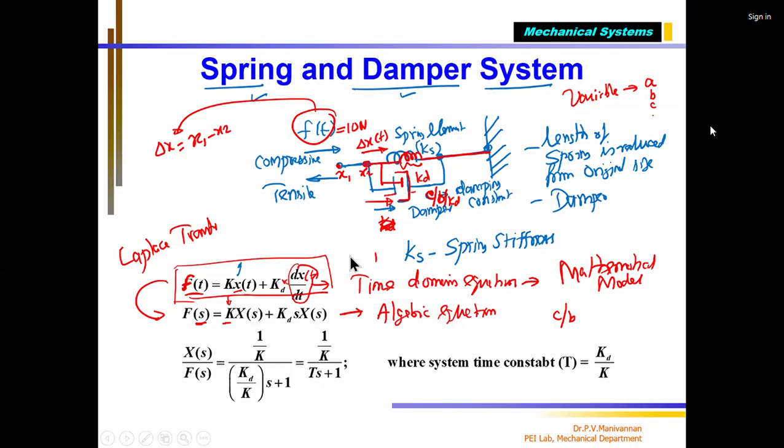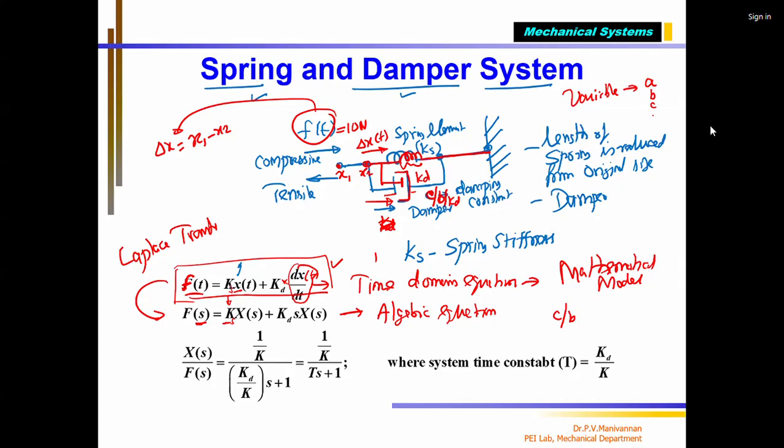Now when I do the Laplace transform, what happens? The f of t becomes capital F of s, equal to k. The constant remains as it is. This is the spring stiffness. It remains as it is, multiplied by capital X of s. That means it is converted to the Laplace domain. And please note that in a differential equation, which is a time domain equation, any algebraic term will not change.